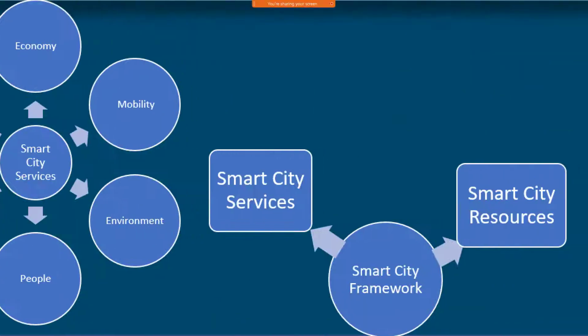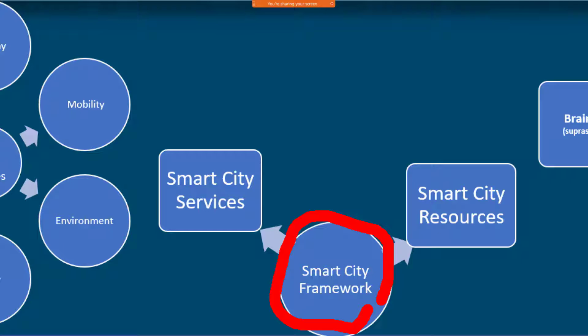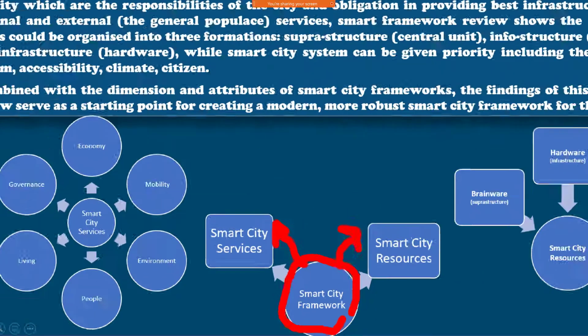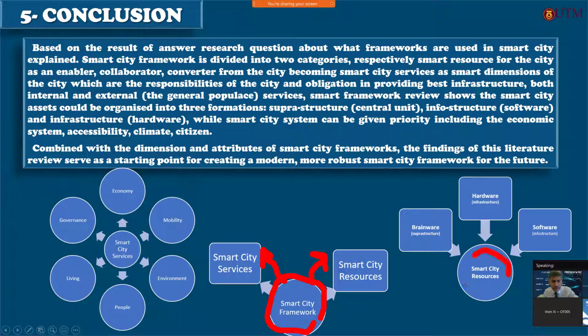So from our research, you find there is a smart city framework. If we need to conceive or evaluate a smart city framework, you must come back to this: it must have smart city resources and smart city services. For smart city resources, we have software, hardware, and superstructure. For smart city services, we have economy, mobility, environment, people, living, and governance. Combined with the dimensions and attributes of the smart city framework, the findings of this literature review serve as a starting point for creating more modern, robust smart city frameworks for the future.